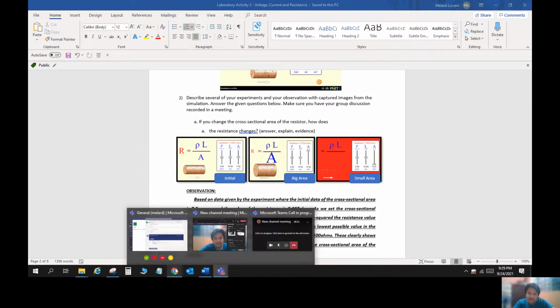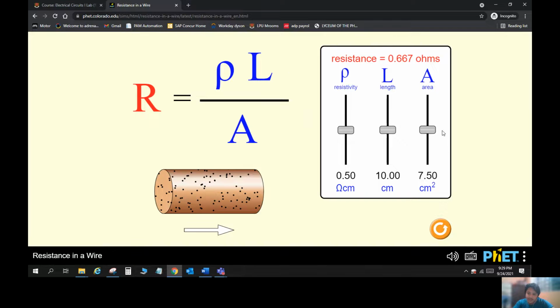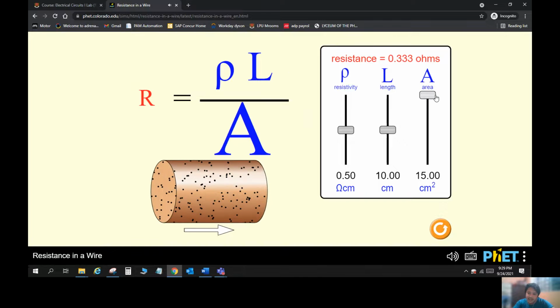Then we will increase to the maximum possible area that this experiment has. The maximum area is 15.00 centimeters squared, and the resistance will be 0.333 ohms.